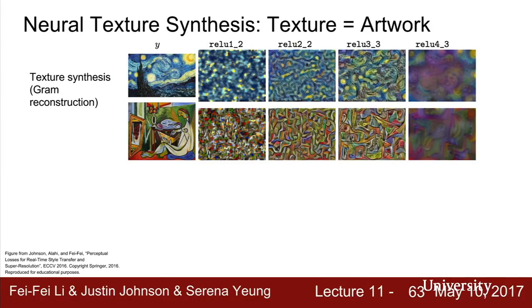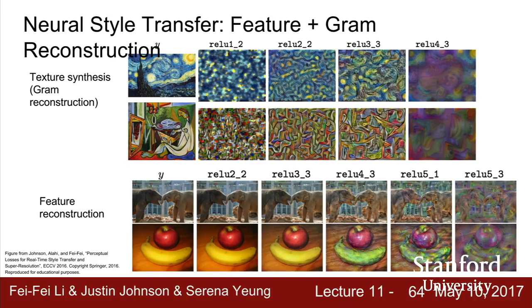So if you do this same texture synthesis algorithm by matching Gram matrices, but now take, for example, Vincent van Gogh's Starry Night or The Muse by Picasso as our input texture, and then run this same texture synthesis algorithm, we can see that our generated images tend to reconstruct interesting pieces from those pieces of artwork. And now something really interesting happens when you combine this idea of texture synthesis by Gram matrix matching with feature inversion by feature matching.